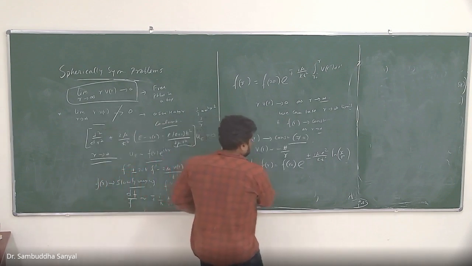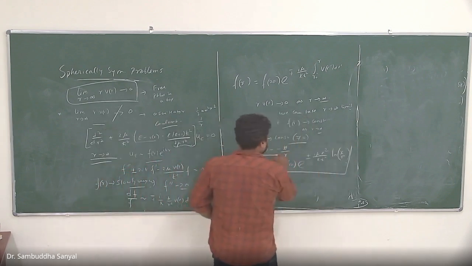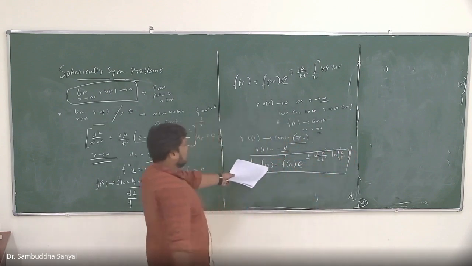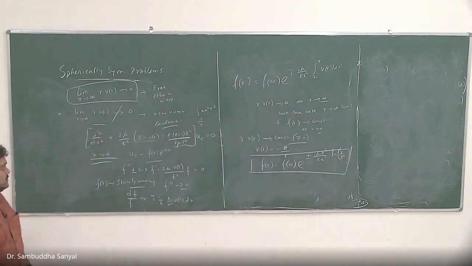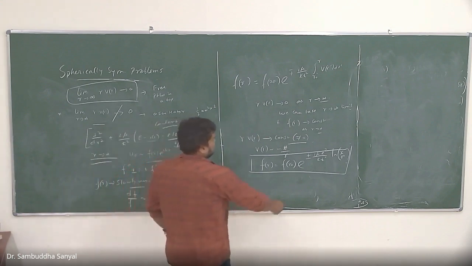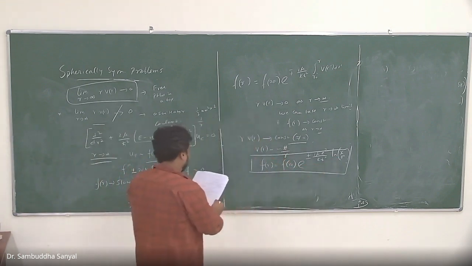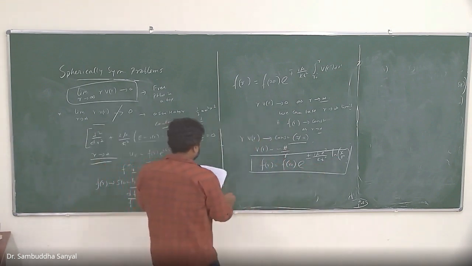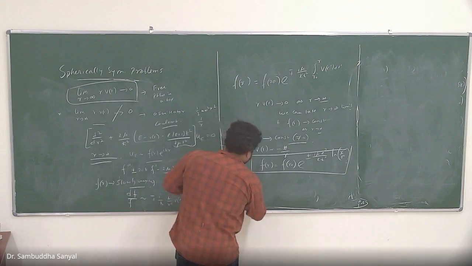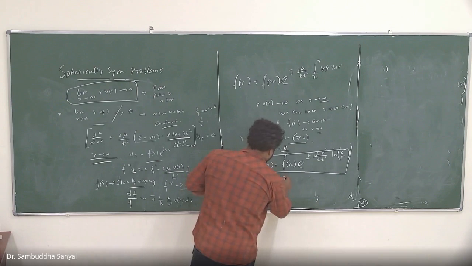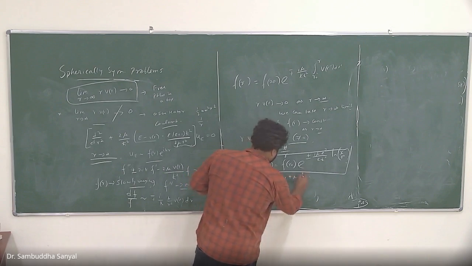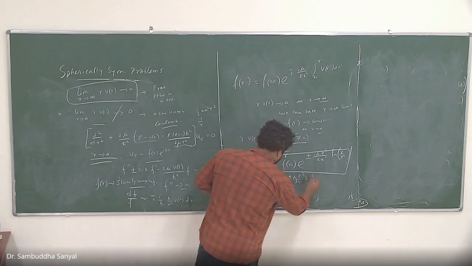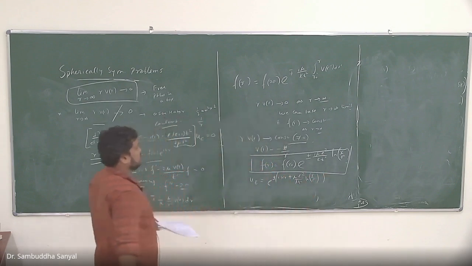So that means the information about the potential is always there because of this logarithmic form, and your full solution will be of this form.